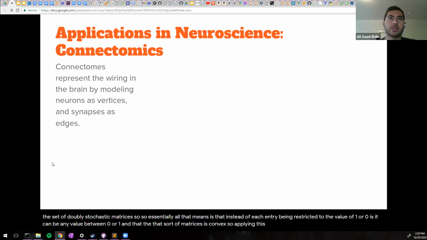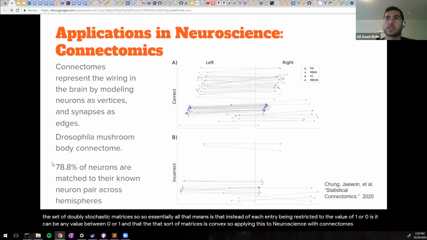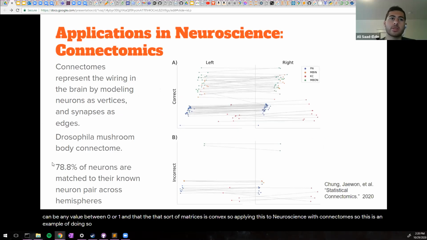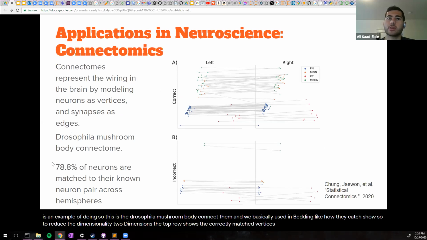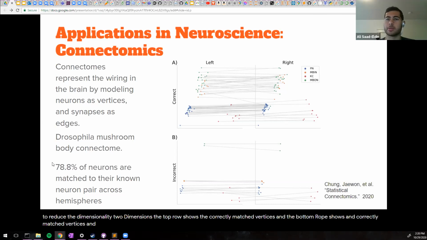So applying this to neuroscience with connectomes, this is an example of doing so. This is the Drosophila mushroom body connectome. We basically used embedding, like how Vivek showed, to reduce the dimensionality to 2 dimensions. The top row shows the correctly matched vertices, and the bottom row shows incorrectly matched vertices. And we see that there's about an 80% match accuracy.